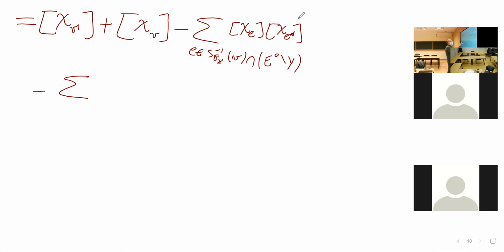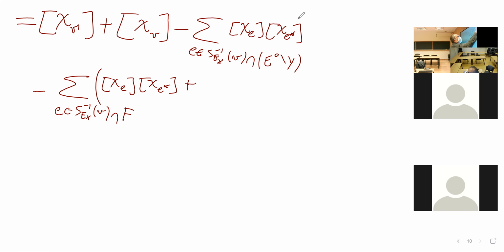So now actually I can write just one extra sum because E will run as EX inverse intersected with F. And here we will have chi E star plus. But no, actually, let me write it down as two separate sums, because as you can guess, I'm going to play a certain trick.